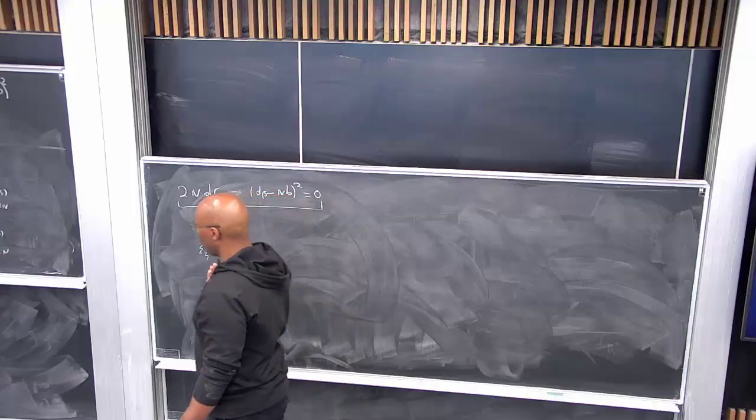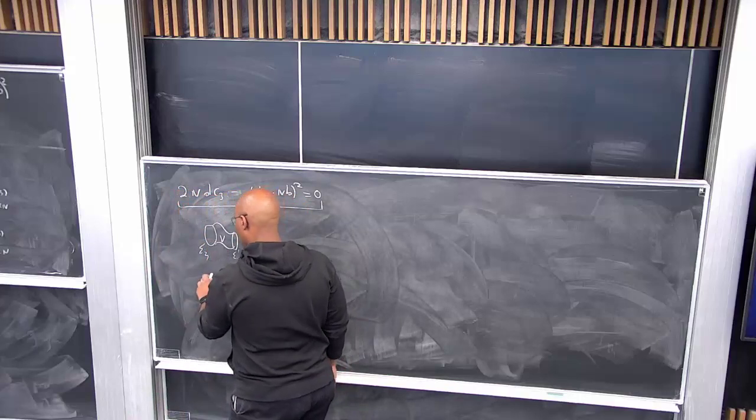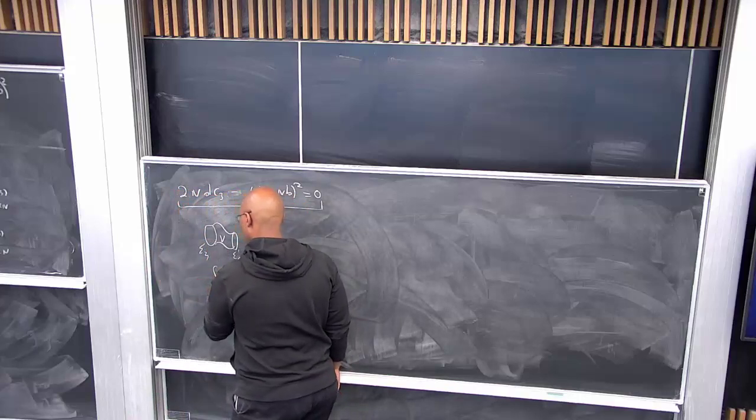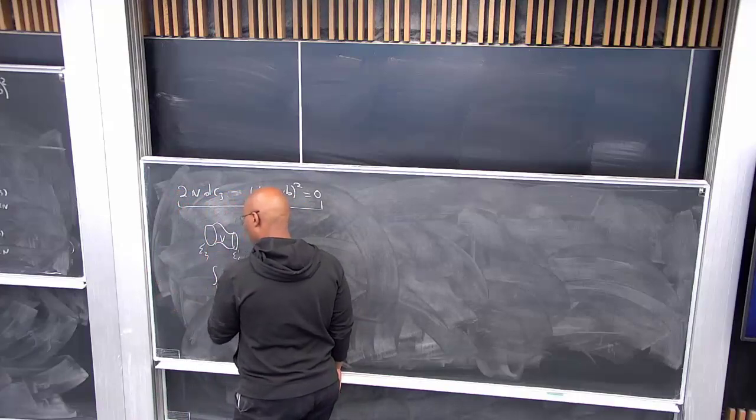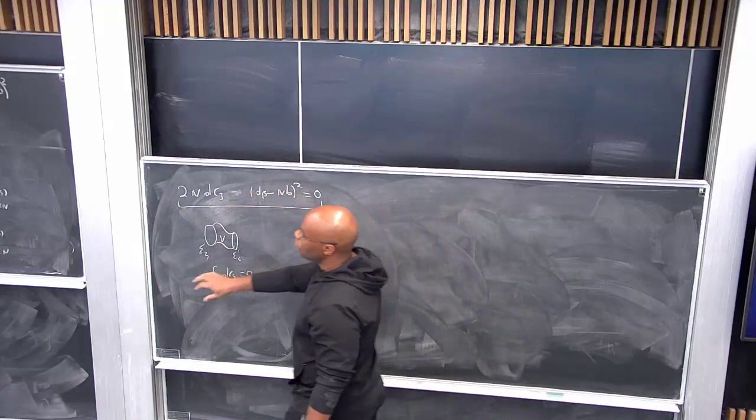That simply followed from the fact that I can write the change as coming from an integral of dC3 inside this volume, and this was closed, so this was 0. Okay? But this is no longer true once I add this interaction term.